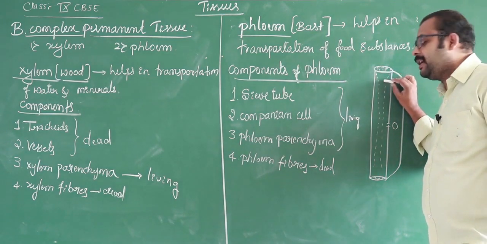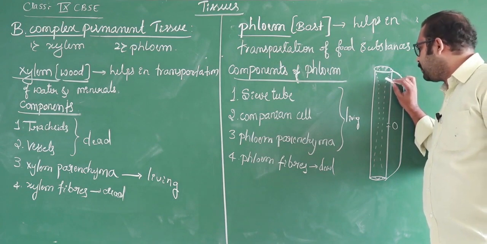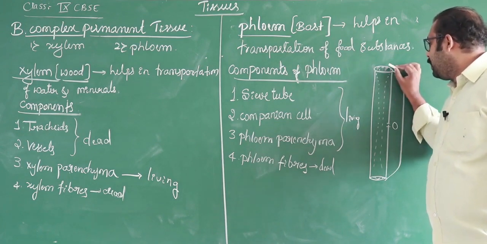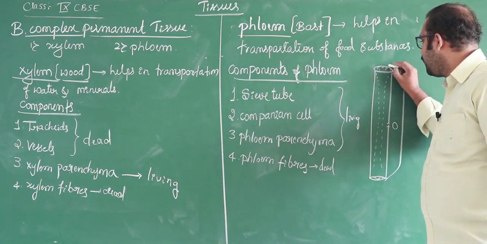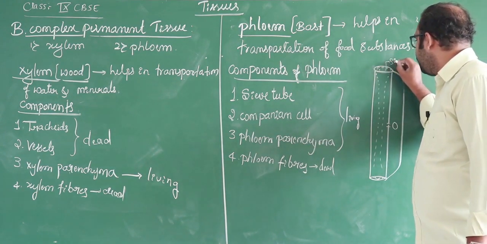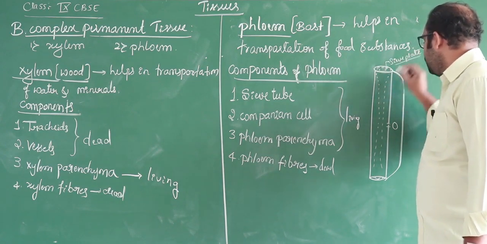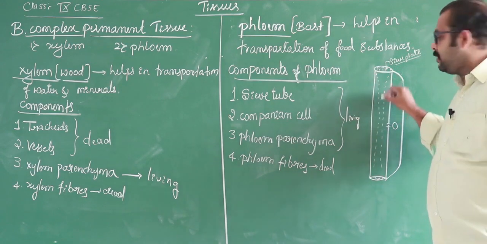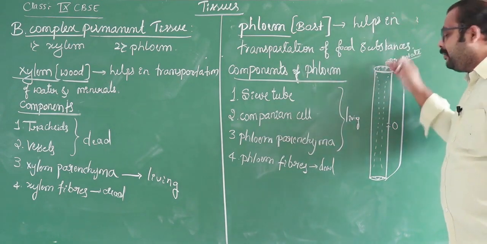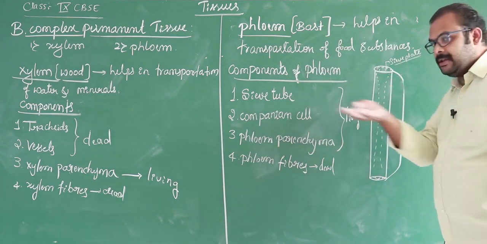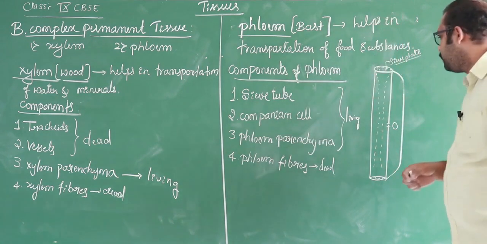Here the food passes through a small plate called the sieve plate. This is one sieve tube. Over that another sieve tube is located, and in between the sieve tubes there is a plate. This is called the sieve plate. Through that, food substances pass.